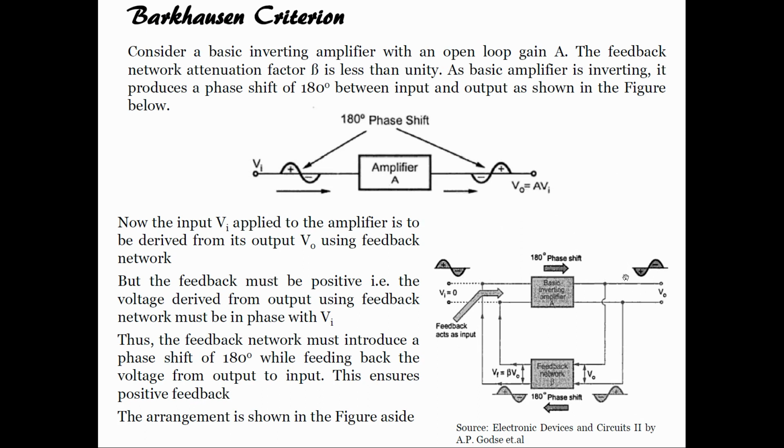So, if I want to feed this particular output voltage through the feedback network back to the input, then the feedback network should introduce another 180 degree phase shift, because you see 0, 180, and 180 is fed here. If I want to make it 0 or 360, I will implement another 180 degree phase shift in the feedback network. So, the loop should have 360 degree or 0 degree phase shift.